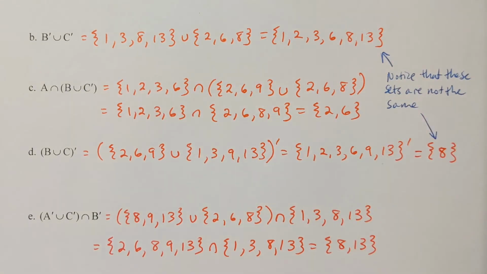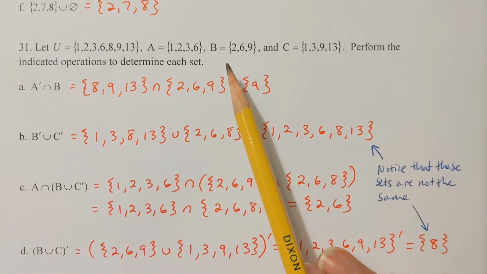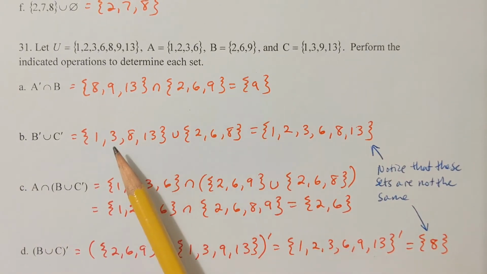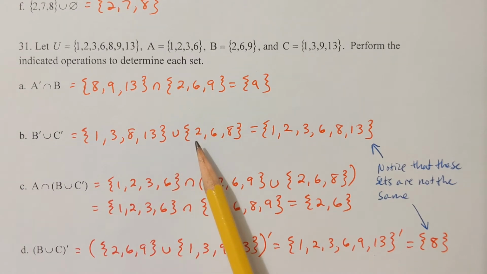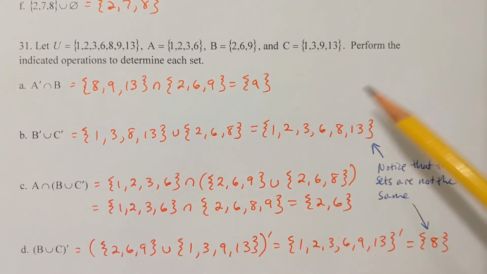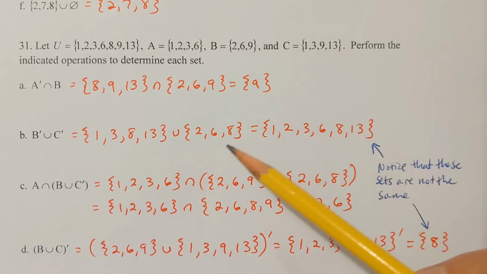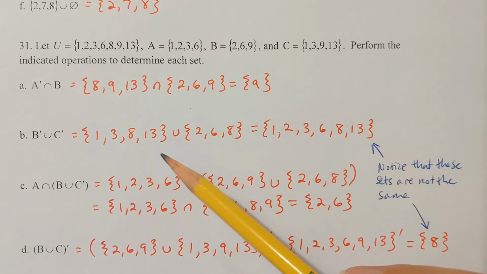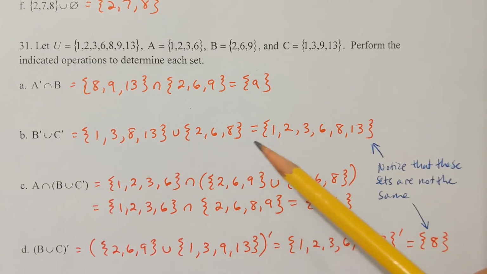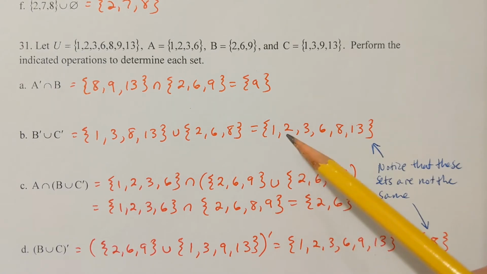Part B, I've got B complement union C complement. B complement would be everything not in B, so the set containing 1, 3, 8, and 13 are all not in B. Union C complement, that's the set of all elements that are not in C. So the set containing 2, 6, and 8, those elements are not in C. Union means I'm going to join together as one set.